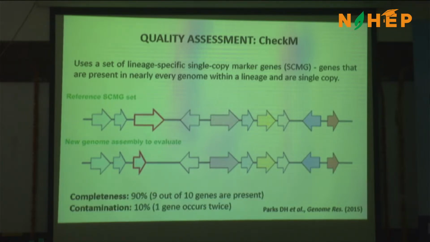So 9 out of 10 genes are present and 1 gene occurs twice. That gives us a result of 90% completeness and 10% contamination. Is it clear for everyone? So imagine doing this for 43 single copy gene markers in all your bins. This is what we do during binning.